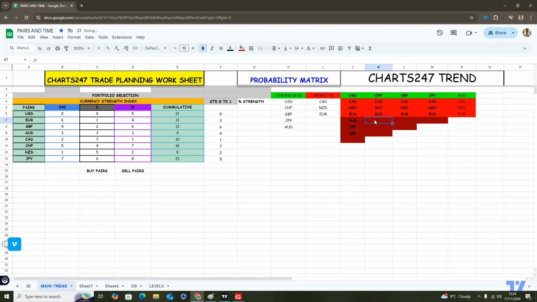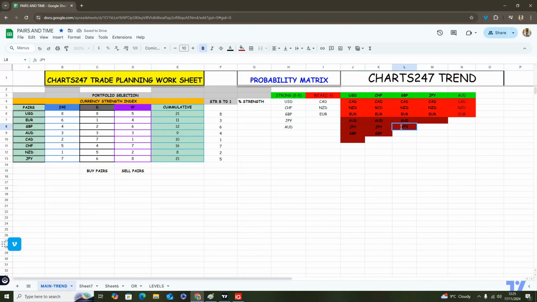Then against the Swiss, we can sell the AUD. We can sell the JPY, and we can sell the GBP. And the pound, we can sell the AUD and the JPY.